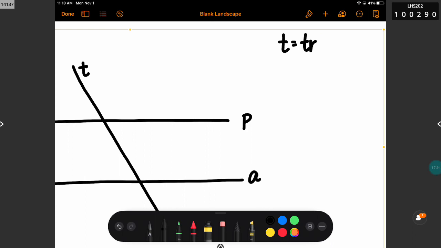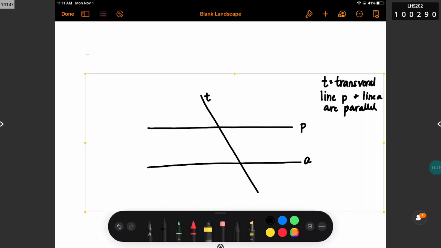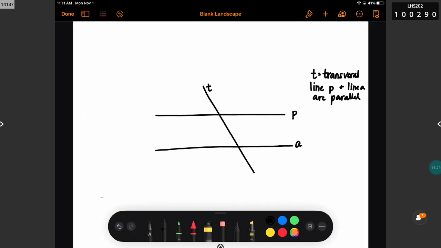I'm also going to say that line P and line A are parallel. Line P and line A are parallel, and T is the transversal. Is everybody good?